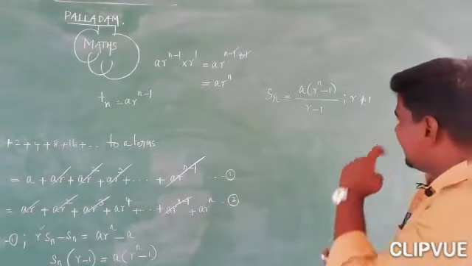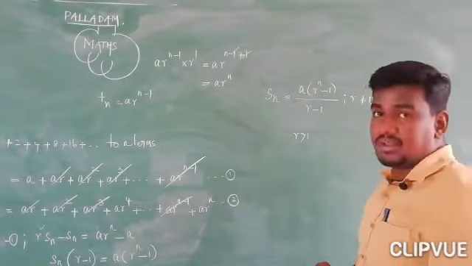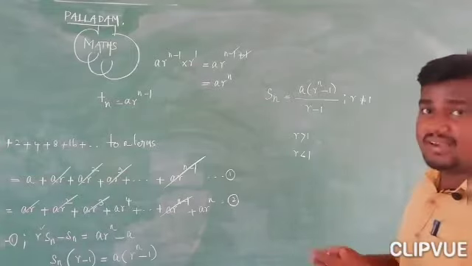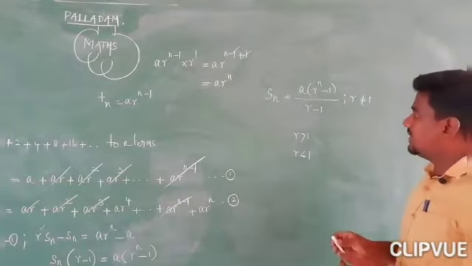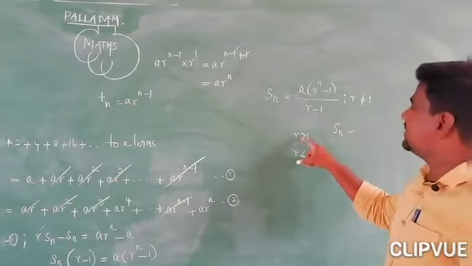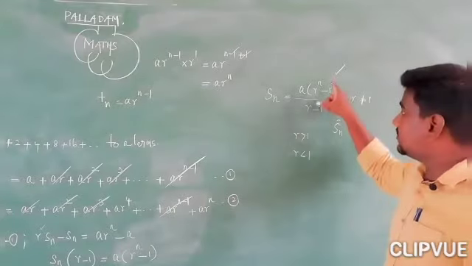And one more important point: r greater than 1 and r less than 1. So we can divide into two formulas, two categories. If r is greater than 1, you can take Sn equals a of r^n minus 1 divided by r minus 1.